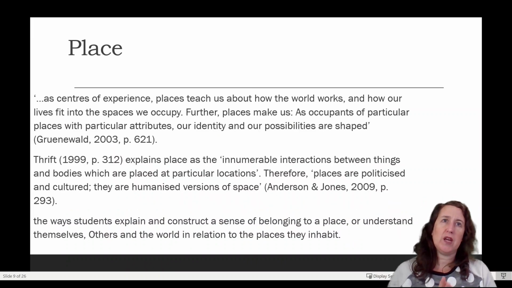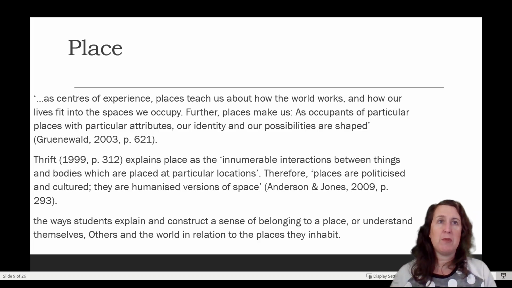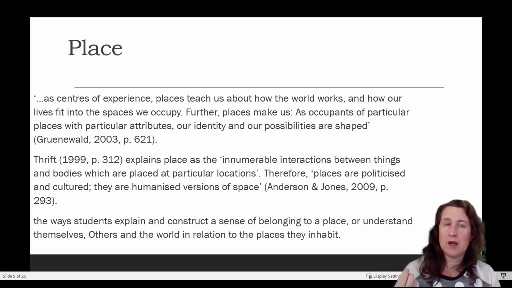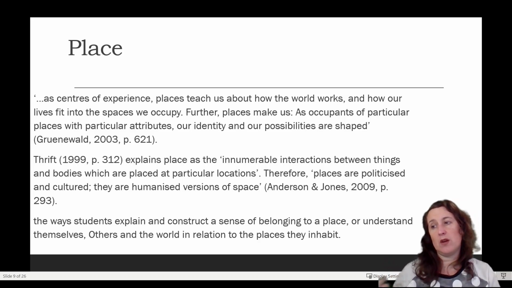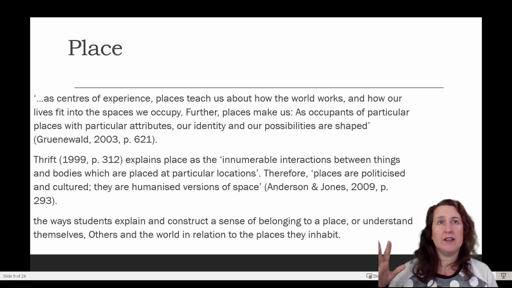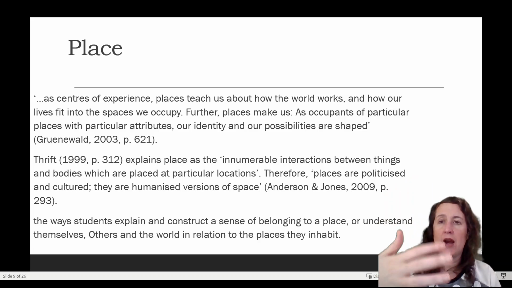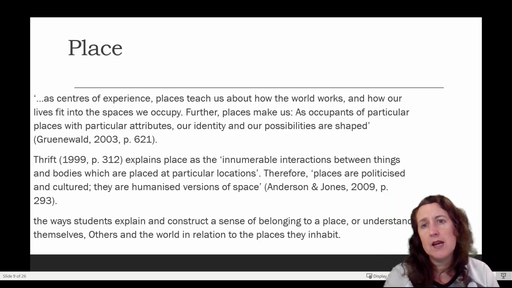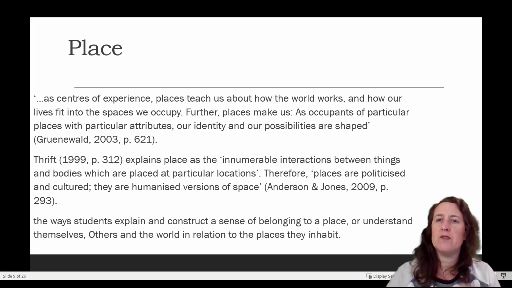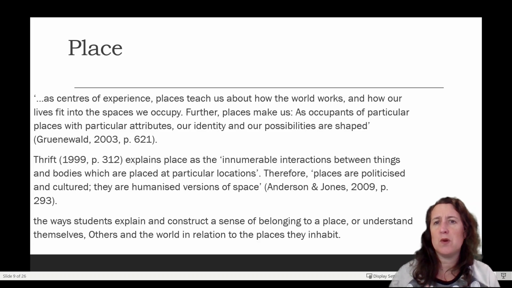There are a number of key themes in the sociology of education, things that can impact on people's success or lack thereof in education, and one of the central themes is place. And it's no coincidence that I started this lecture with a diagram of Newcastle as a place. So place has been defined in various ways. One way that place has been defined is as centres of experience.